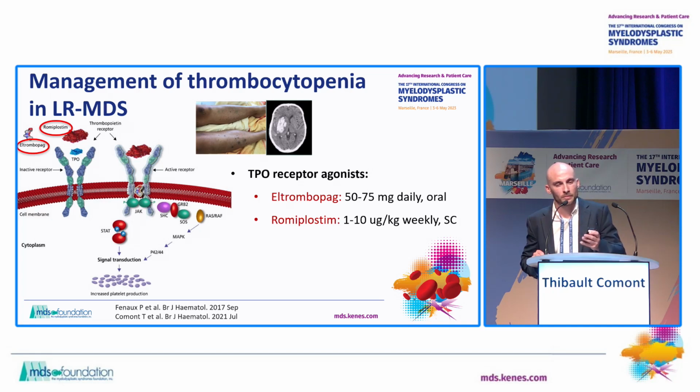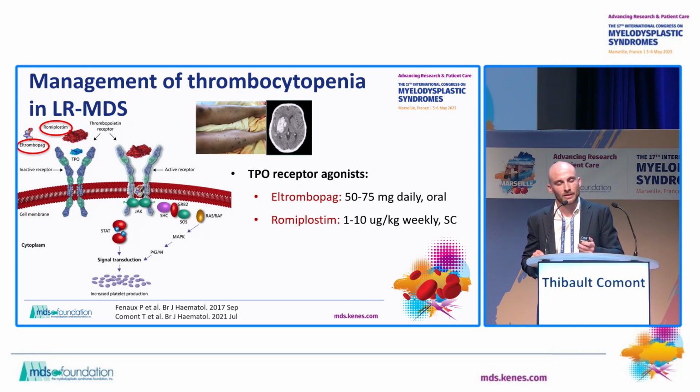We put some cutoffs on the platelet level, and we can say maybe a severe thrombocytopenia is a platelet count under 20 or 10, and in patients with anticoagulant therapy, maybe less than 50,000. But in these patients, you can use transfusion, but you can also use treatment, and especially TPO receptor agonist treatment.